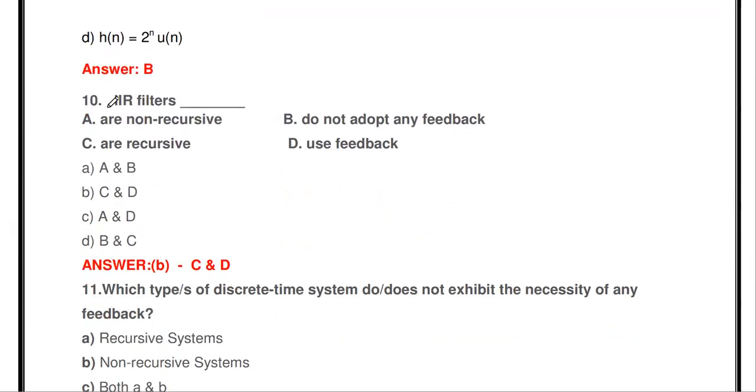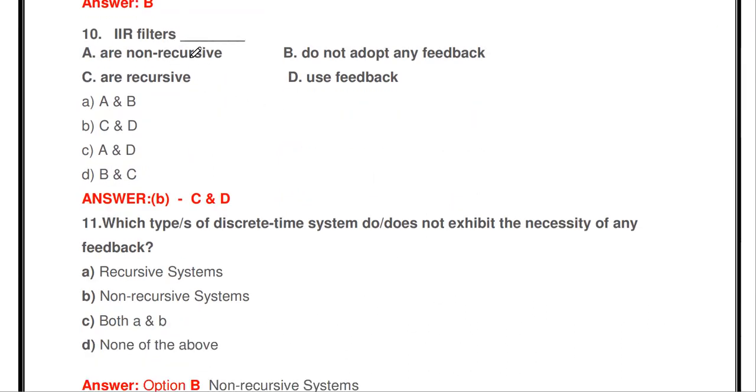The next one: IIR filters dash. IIR filters are non-recursive, do not adopt any feedback, recursive, use feedback. A and D, C and D, A and D and B and C. So the IIR filters are recursive as well as they use feedback.